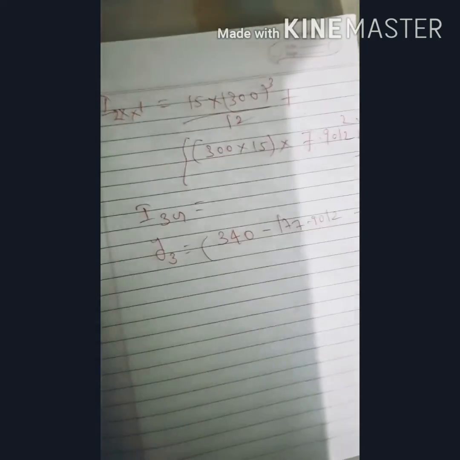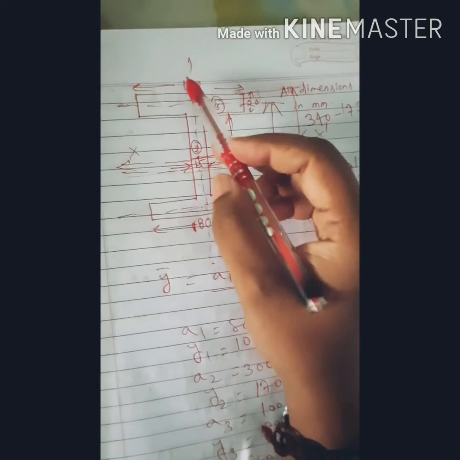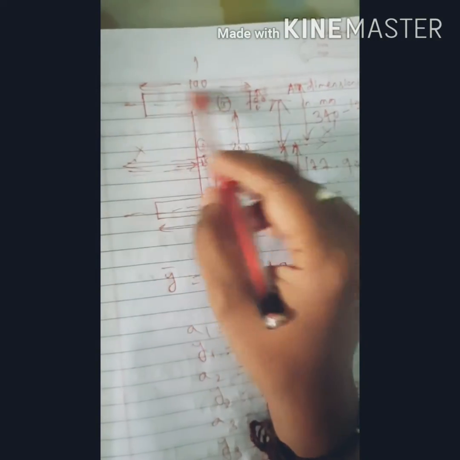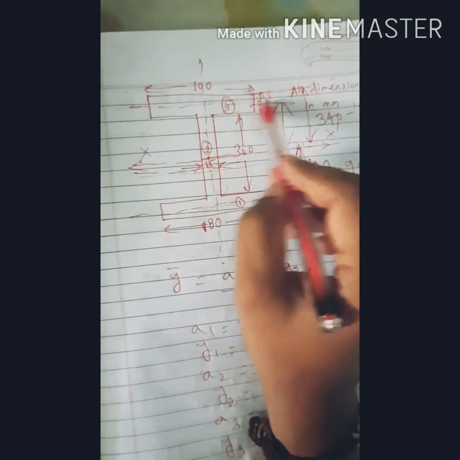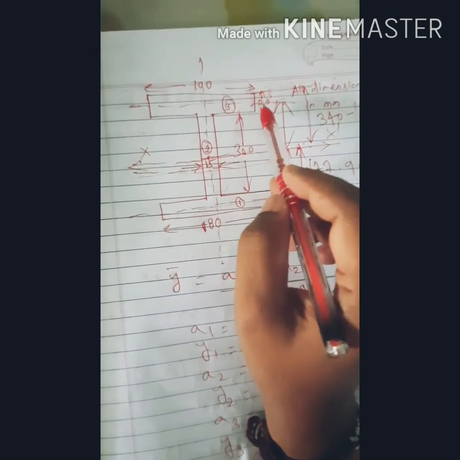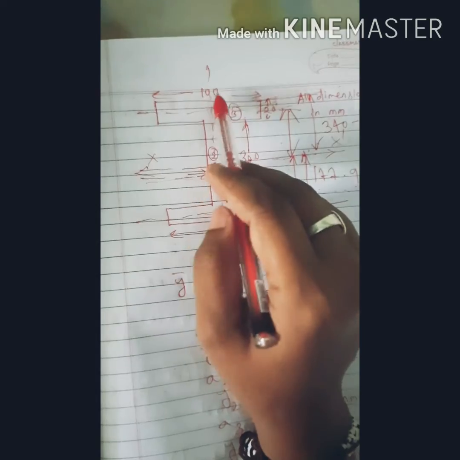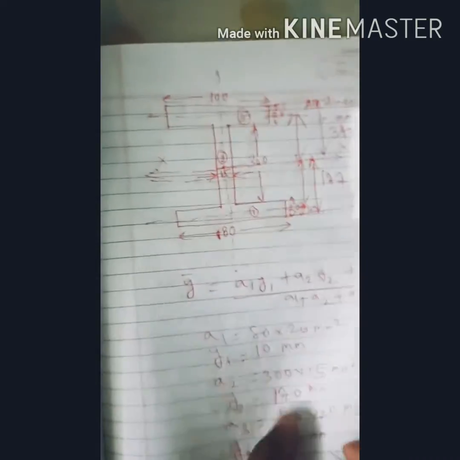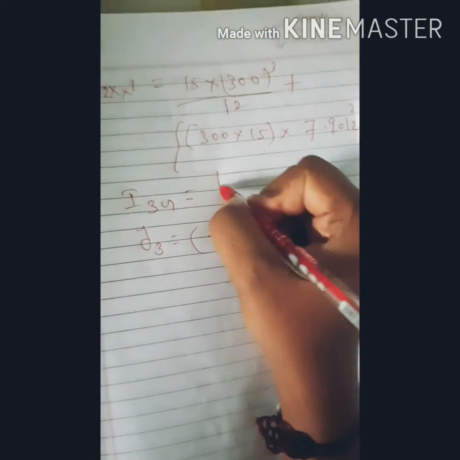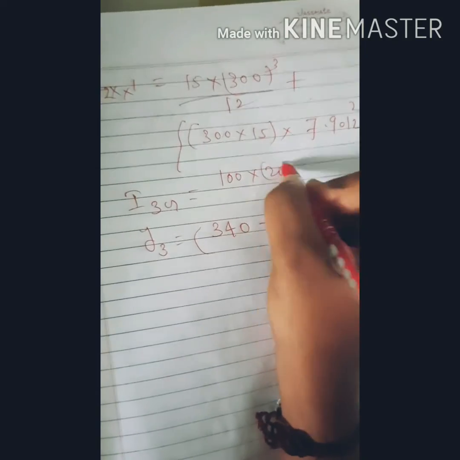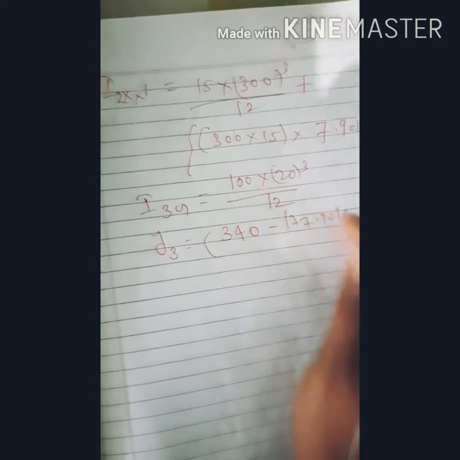I3g is the moment of inertia of this section about its own CG, at 10 mm from that reference. So I3g is 100 into 20 whole cube divided by 12.